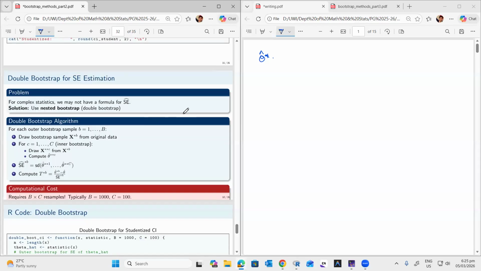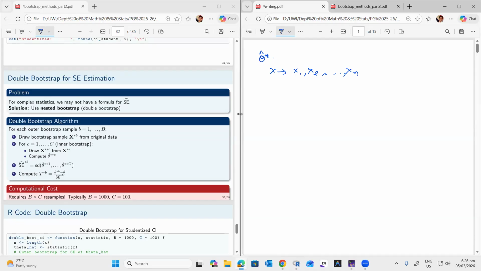So how this method works: for each outer sample, we need to draw a sample again. I will explain it one by one. Suppose we have the sample x, that is x1, x2 up to xn, our original random sample of size n.